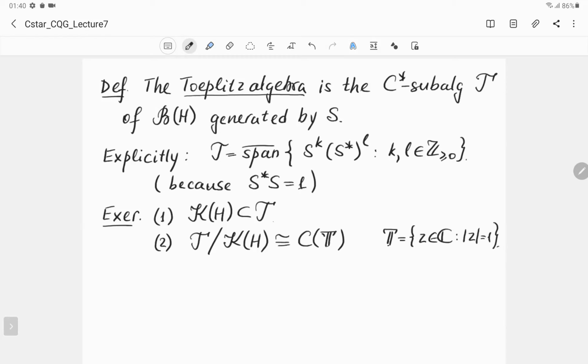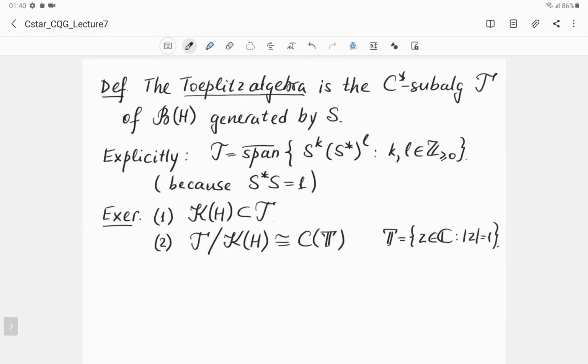Here the hint is as follows. The first step is to show that the quotient is commutative, because it is also generated by S. Of course, S and S star don't commute, but they commute modulo the ideal of compact operators. So this implies that the quotient is commutative.